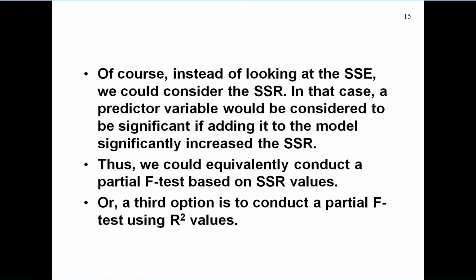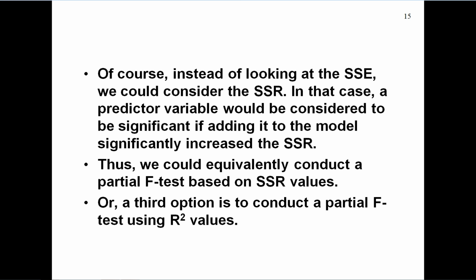So if we decrease the sums of squares error, then we have to, by the same margin, increase the sums of squares for regression, because the sums of squares total is fixed. So we could, and our textbook does, instead of using a partial f-test associated with sums of squares error, use a partial f-test associated with sums of squares for regression. Or, equivalently, we could use a partial f-test associated with r squared.